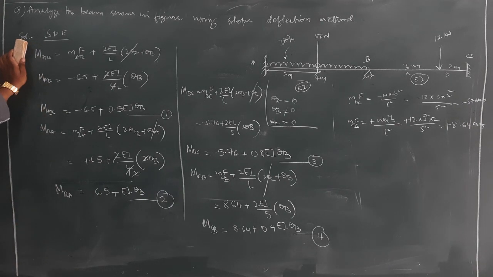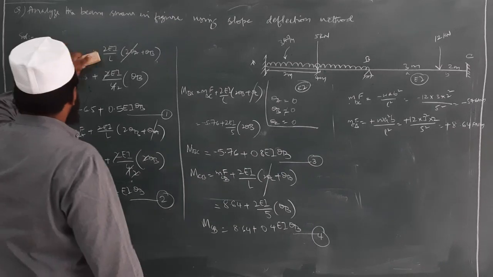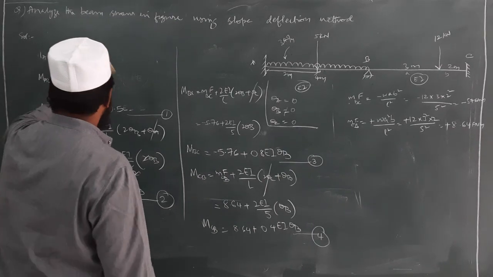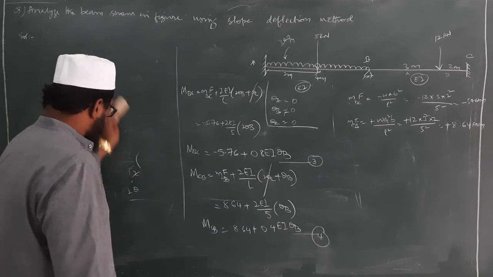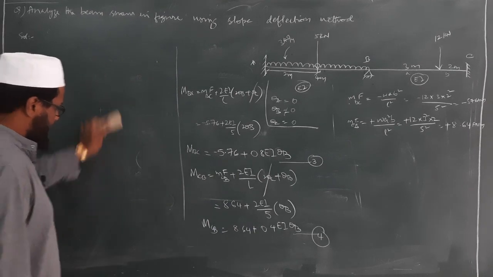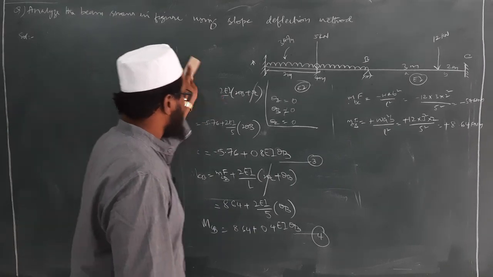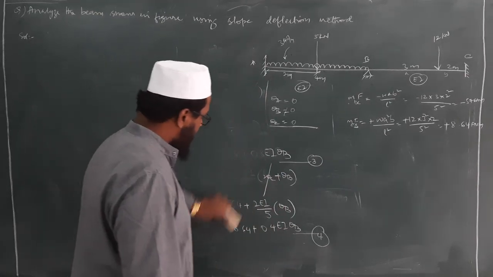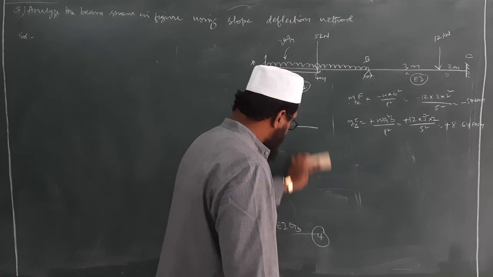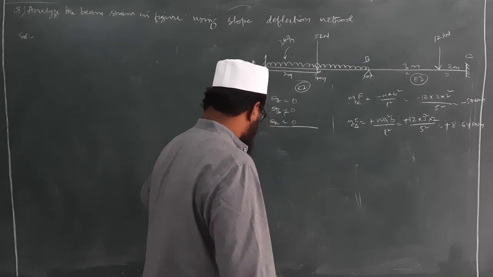So now we'll apply the equilibrium conditions. In this problem we have only one equilibrium condition, right? How many unknowns we have here?